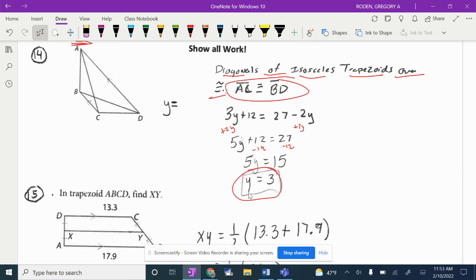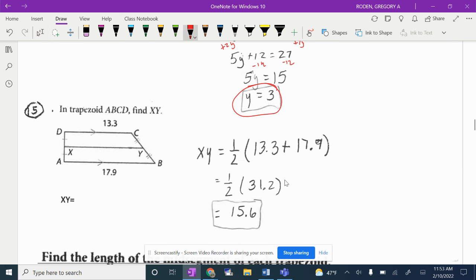Okay. All right. The next problem is mid-segment. We want to find the mid-segment. We know that this is a mid-segment because it's a line that intersects the midpoints of the two non-parallel sides of a trapezoid. The mid-segment is always the average of the two bases.